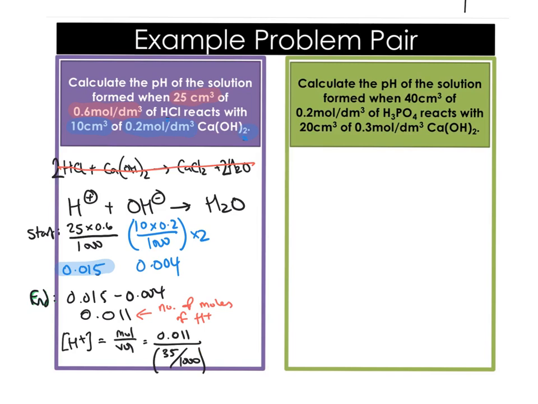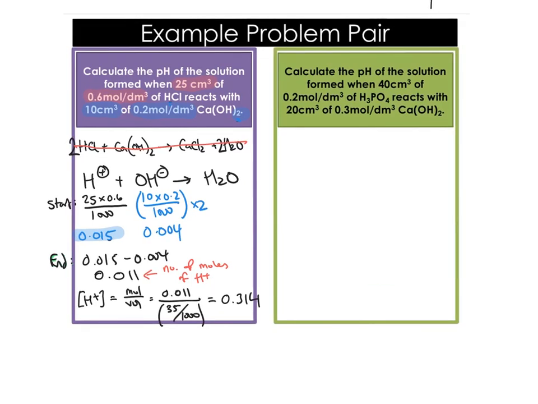I need to divide that by 1,000 to turn it into decimetres cubed. And that gives me 0.314. And then finally, I've got to work out pH. So pH equals minus log of 0.314, which gives me an answer of 0.50.